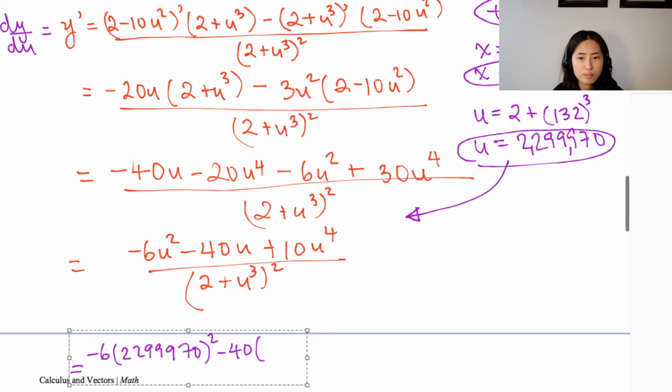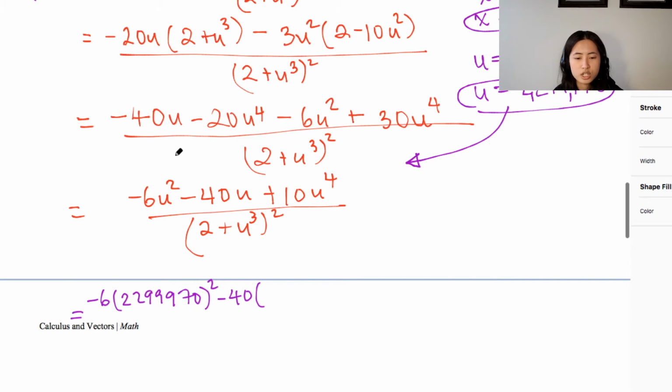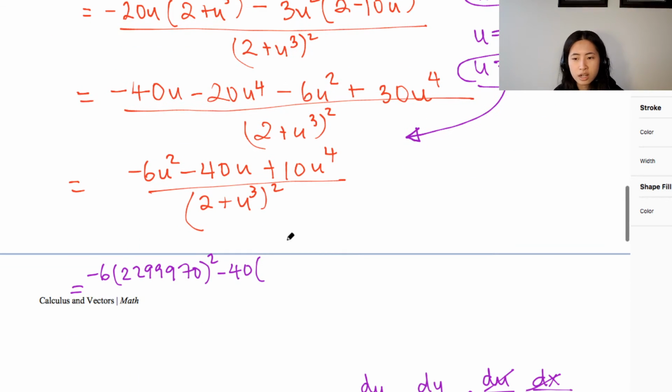We're still going to use that because we want to find what dy over du is, right? But it's just that that's not the final answer. So you have -40 times 2299, and you have 970, right?